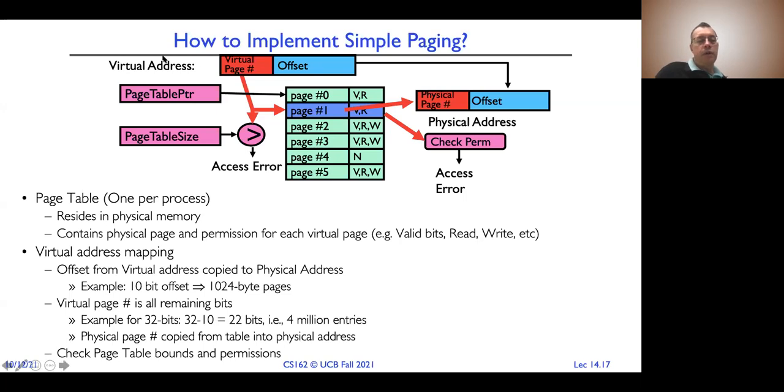And therefore, you are going to have, in addition to the page table pointer, which represents the start of the page table, also the page table size, which, as the name implies, is the size of the page table, which can be increased as you allocate more pages, and therefore more entries. You add more entries to the page table.